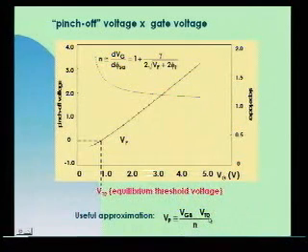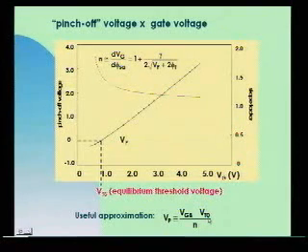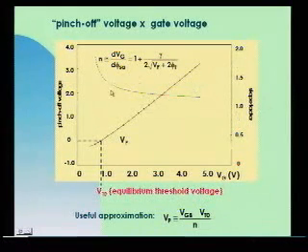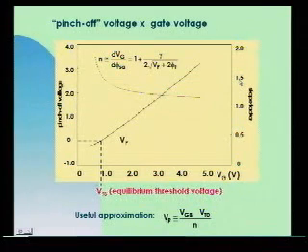Vt0 is the threshold voltage in equilibrium, that is, for Vsb equal to 0. Okay? And n is a number that is close to 1. It's something between 1 and 2, but in moderate and strong inversion, it's something between 1 and 1.5. I like to use 4/3 or 1.25.